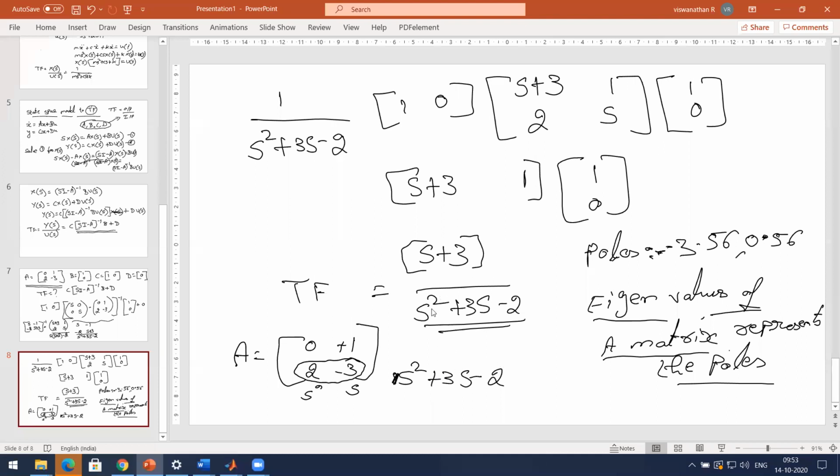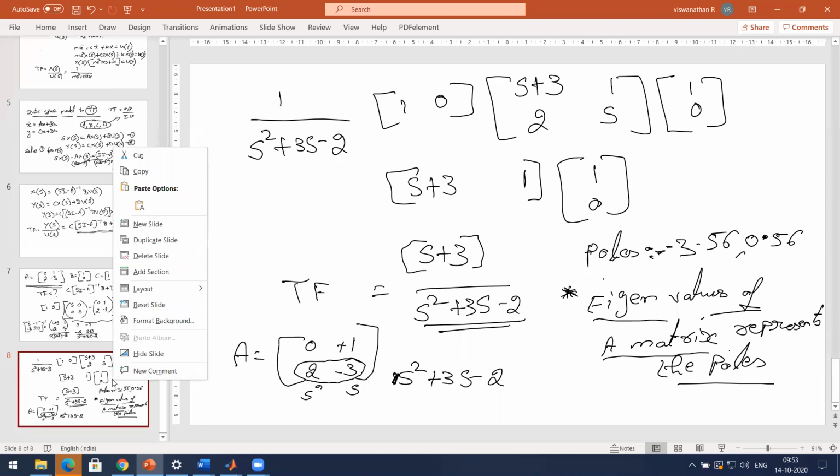So what we understand is that eigenvalues of the A matrix represent the poles. This is the main thing that is required here. This is important. Now with poles, what can we define? What do we understand with poles? What is the main thing we talk about when we look at the poles?